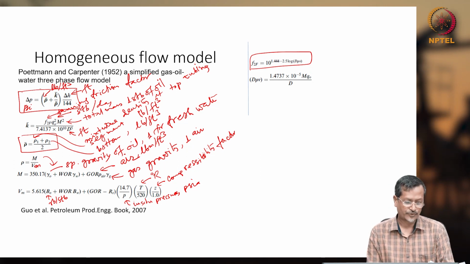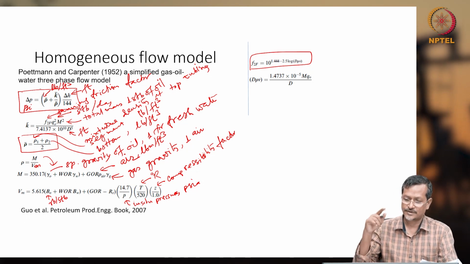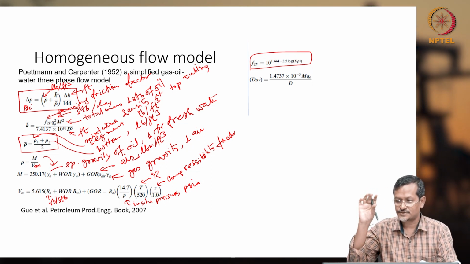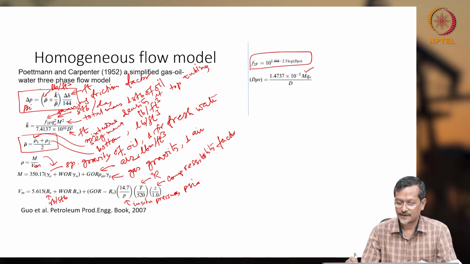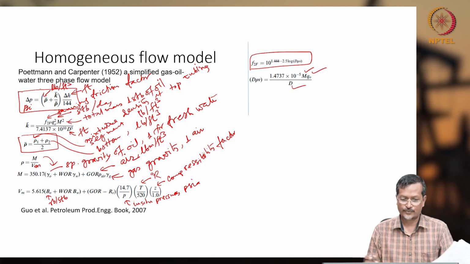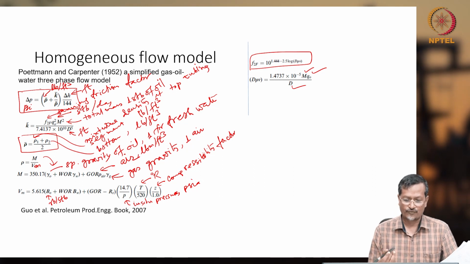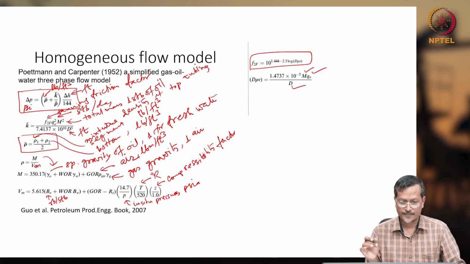D is tubing diameter, V is the velocity, rho is the density. This is the Reynolds number, the top term is d rho v. The d rho v formula will be like this: m is the total mass, q is the oil flow rate, d is the tubing diameter. In that way you calculate pressure drop for homogeneous flow using the Poettmann and Carpenter equation.